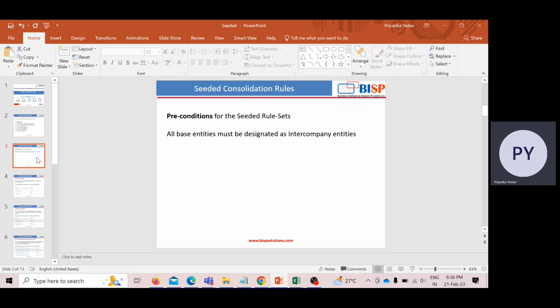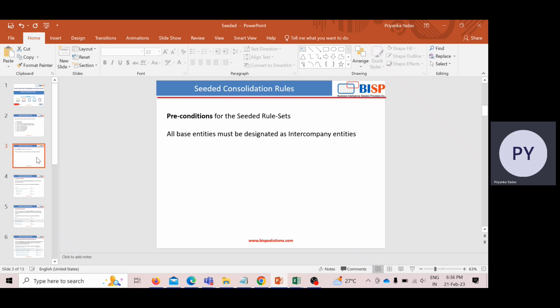Now there is one prerequisite for the rule sets to function. All base entities must be designated as intercompany entities. These rule sets use the intercompany dimension to track the legal entity to which elimination entries are related.